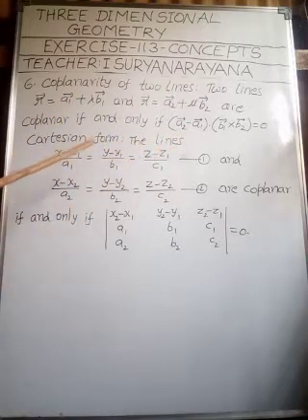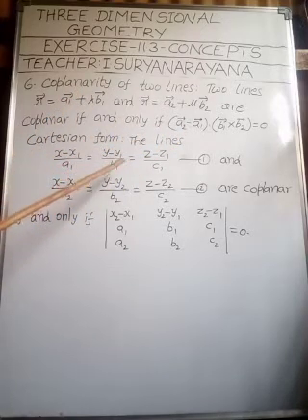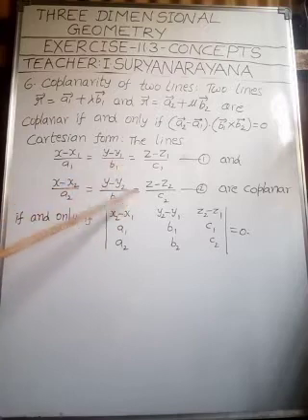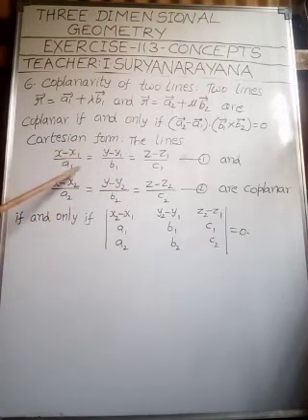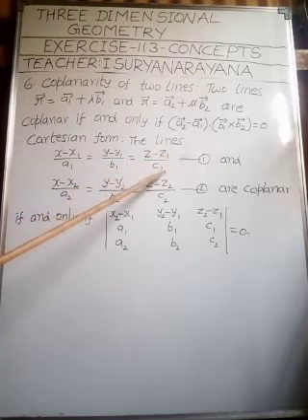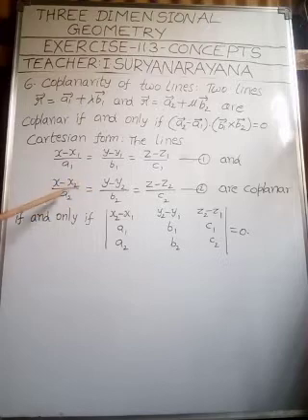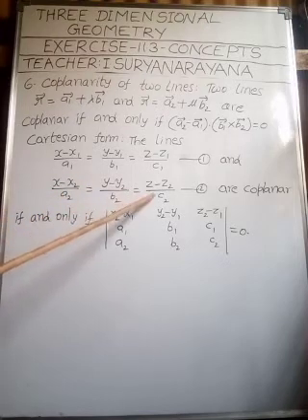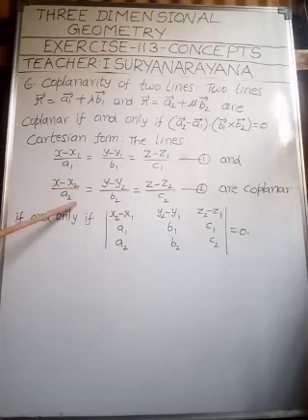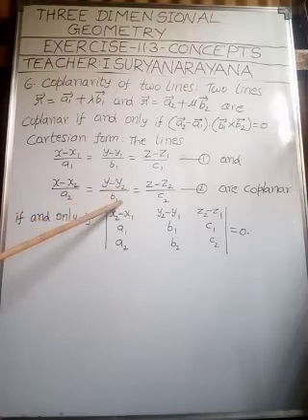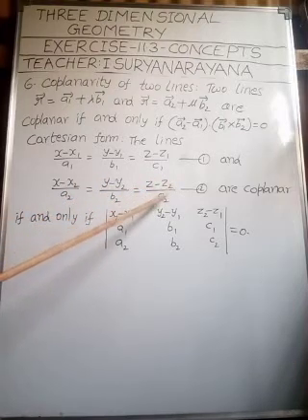Right. Suppose the two lines are given in the Cartesian form like this, (x minus x1) by a1 is equal to (y minus y1) by b1 is equal to (z minus z1) by c1. This is the equation of the first line in the Cartesian form, and this is the equation of the second line, (x minus x2) by a2 is equal to (y minus y2) by b2 is equal to (z minus z2) by c2.